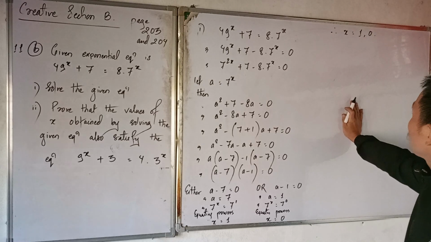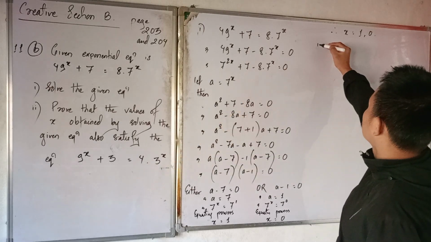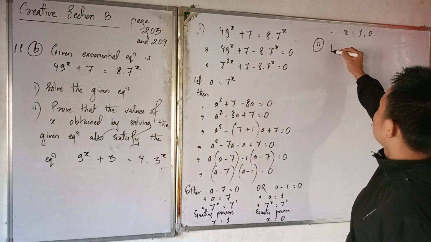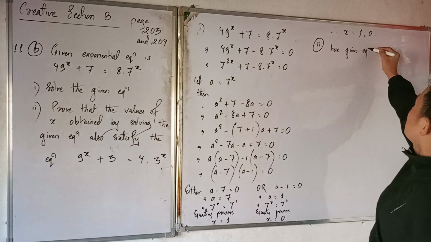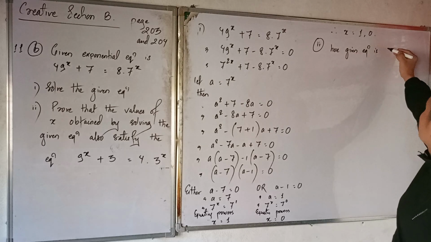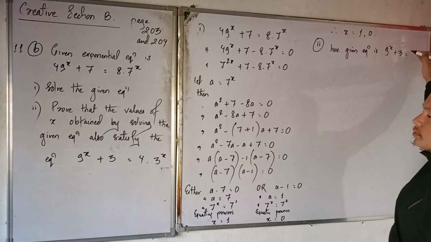Now try to satisfy these values in the next equation. For part ii, the given equation is 9 power x plus 3 is equal to 4 times 3 power x.